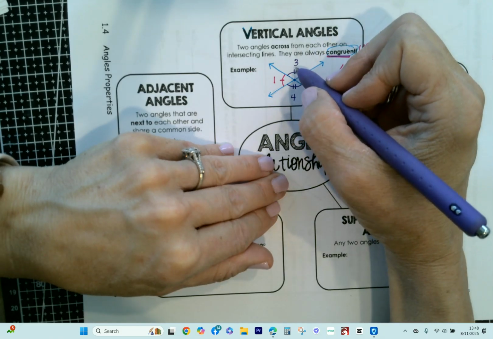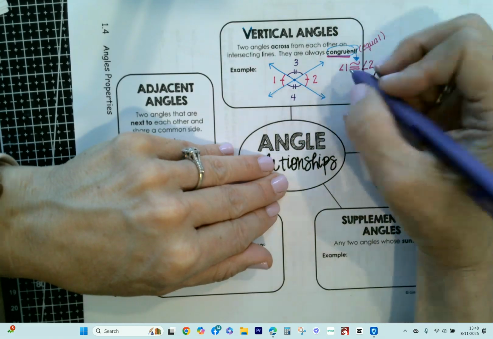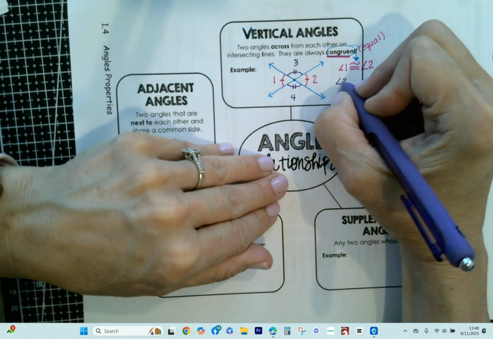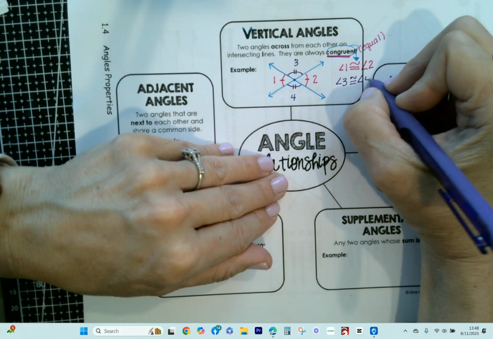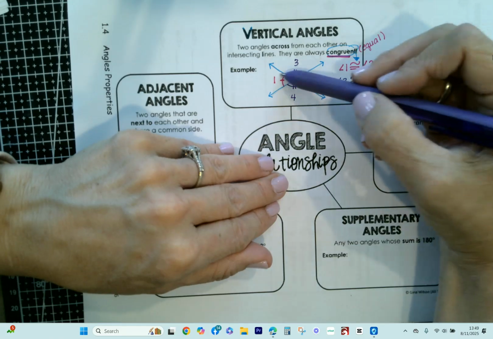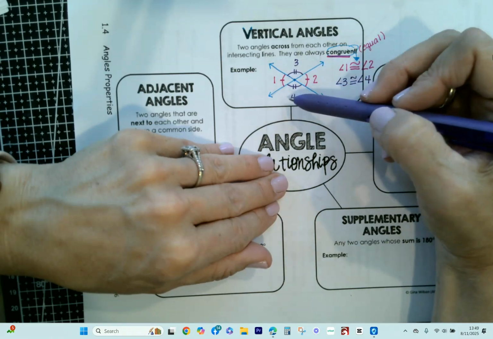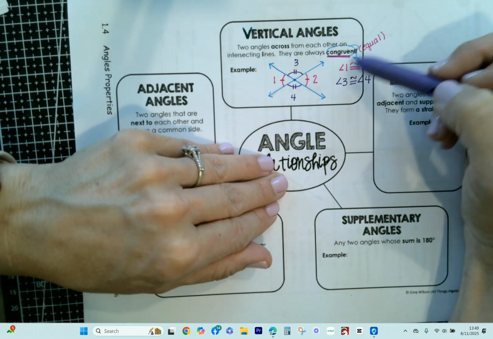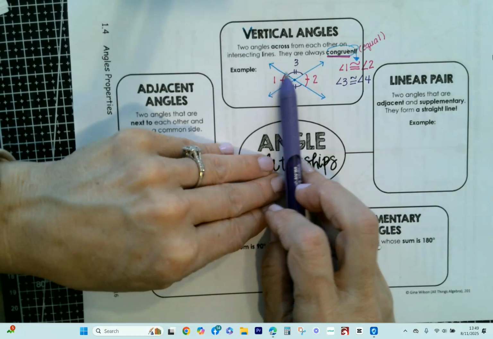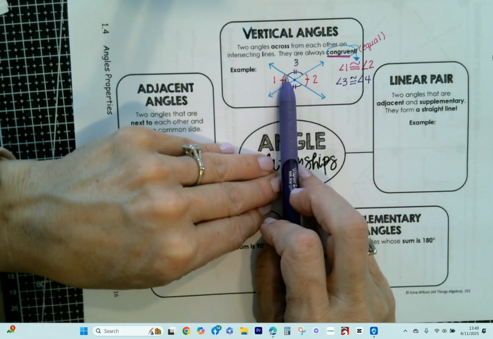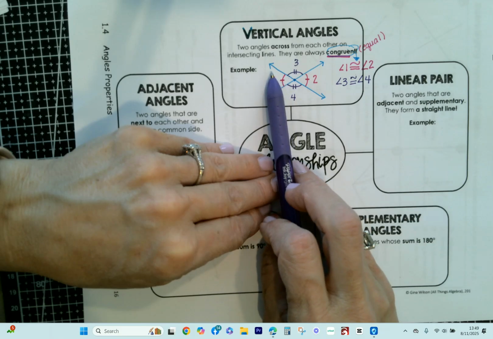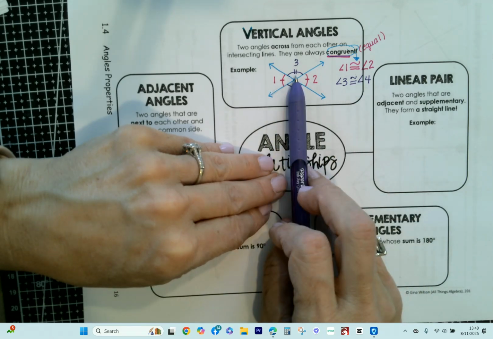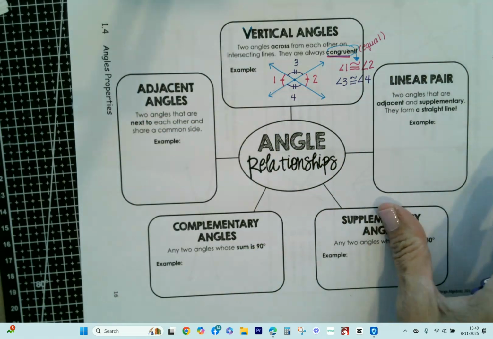So now I can say that angle 3 and angle 4 are congruent, just like this. Marking up your diagram and then writing the correct symbols is like writing a huge paragraph in your English class or your history class, right? So you have all of the info with very little effort.